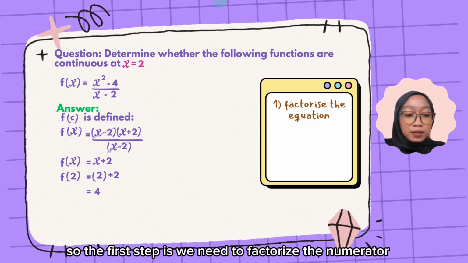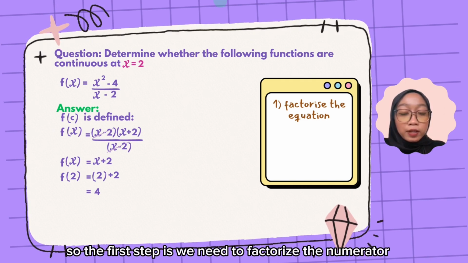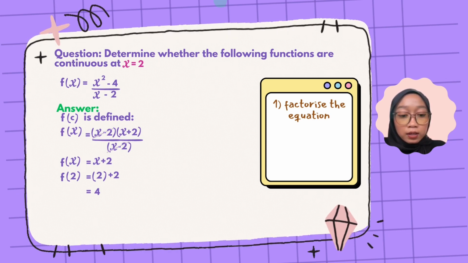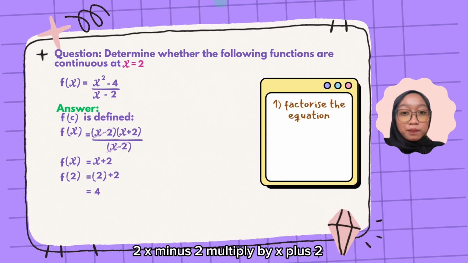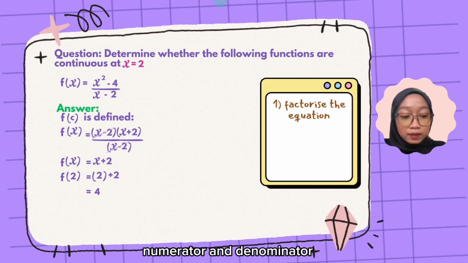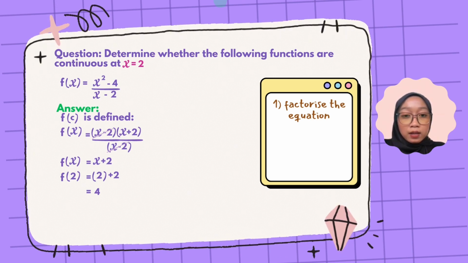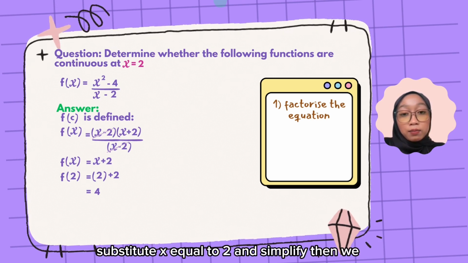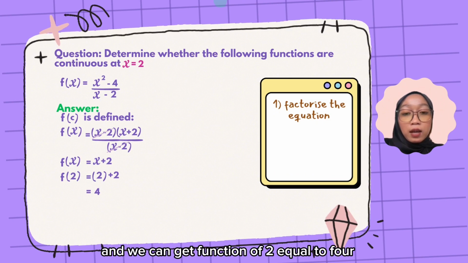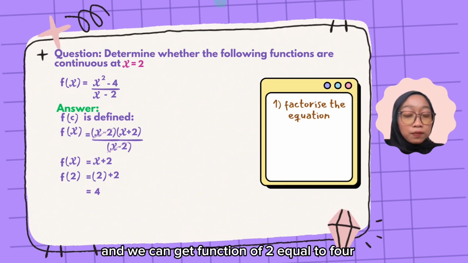The first step is to factorize the numerator, x squared minus 4, into x minus 2 multiplied by x plus 2, and we can cancel out the same factor in the numerator and denominator. Then we substitute x equal to 2 and simplify. Then we get f(2) equal to 4.